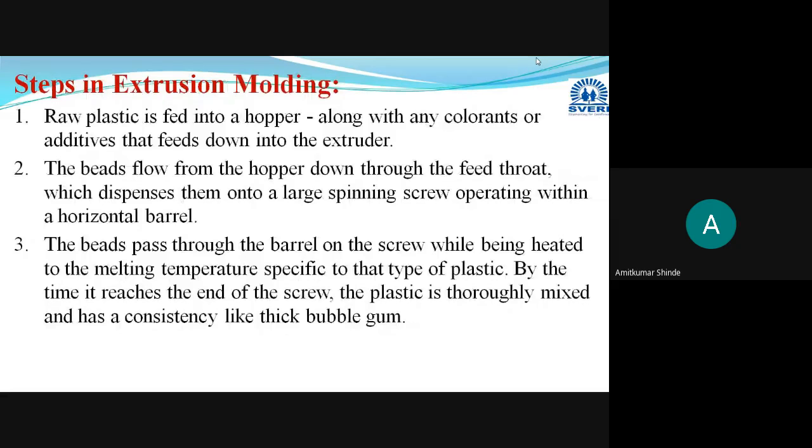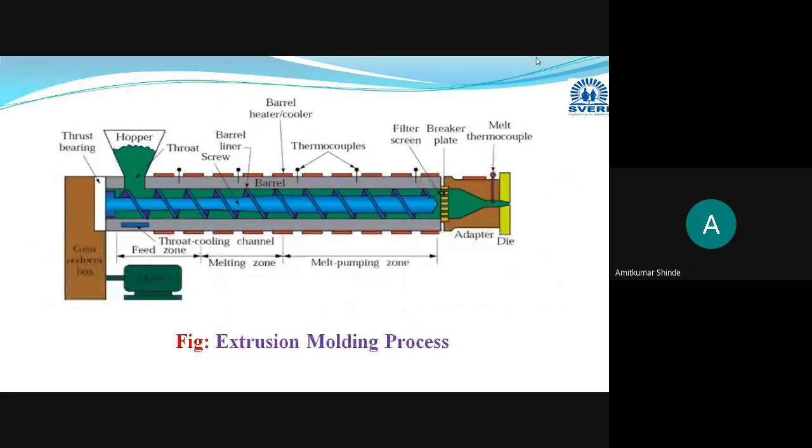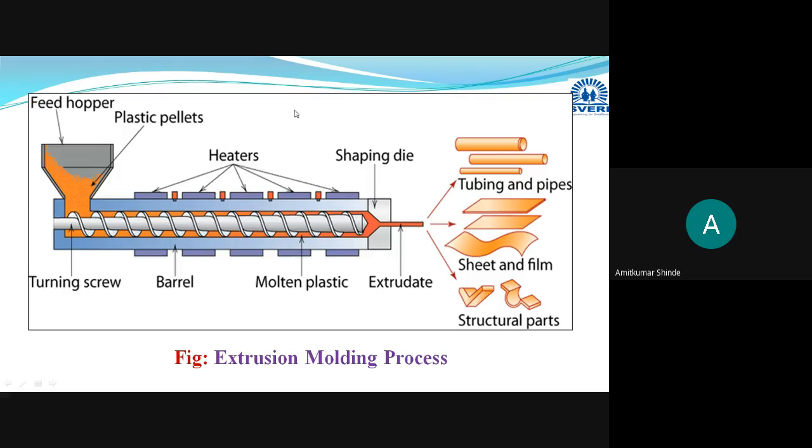Now we will move towards the stages with the help of this diagram. This is your reference, the extrusion molding machine. This is a little bit simple diagram. Here we have the hopper.